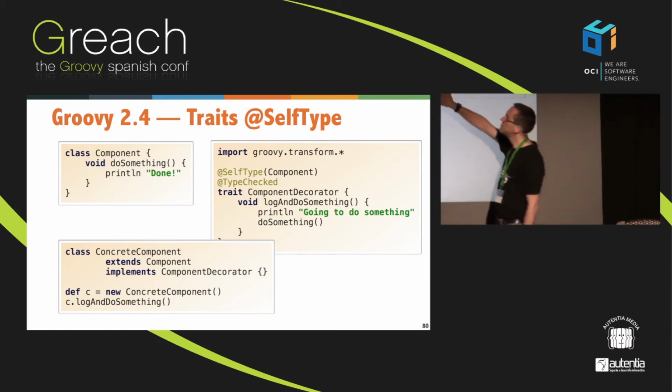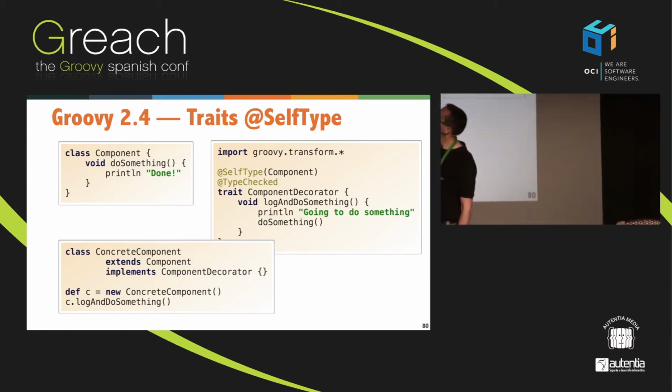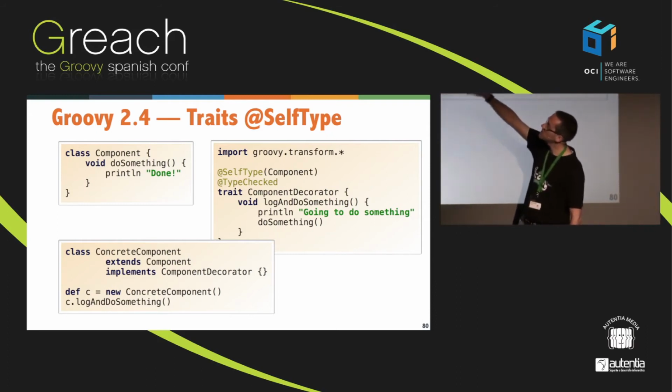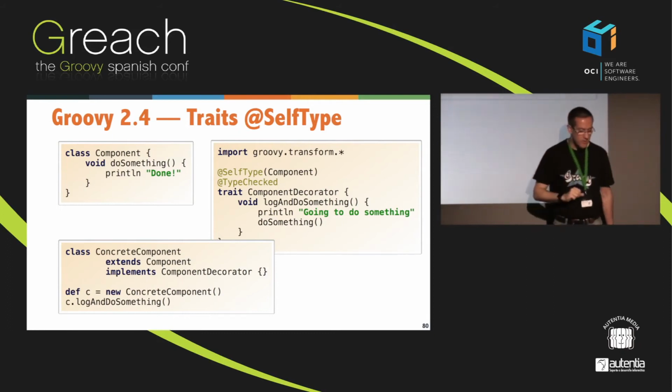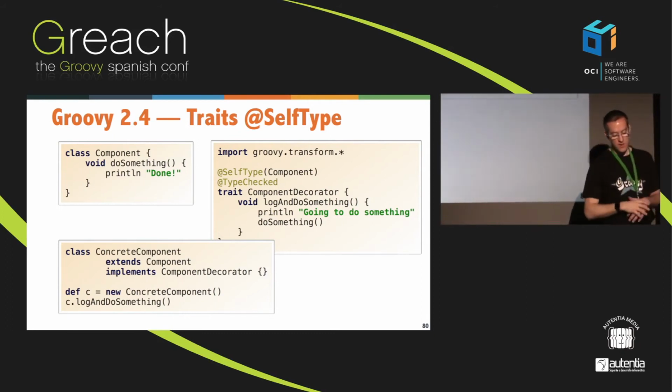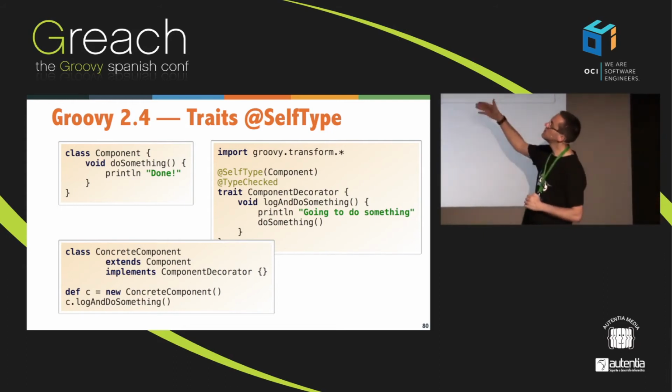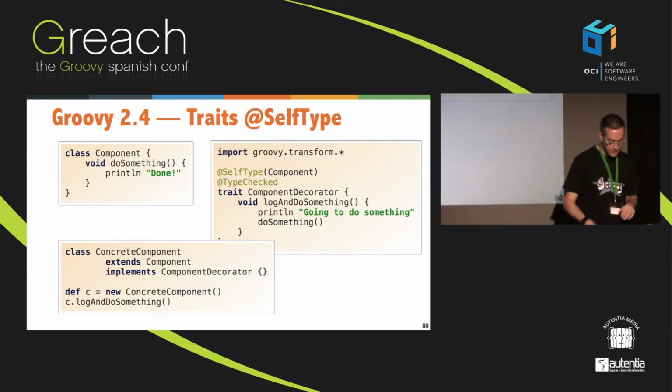So if you call doSomething, the compiler knows that it might be a method from the component class, and indeed we have a doSomething method over there. So it improves the safety when you're applying traits and using static type checking or static compilation.